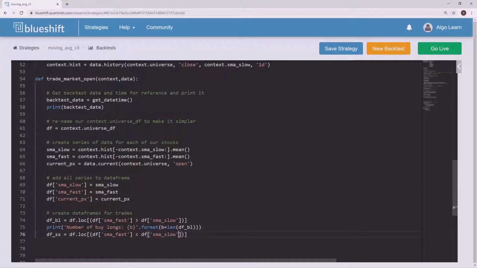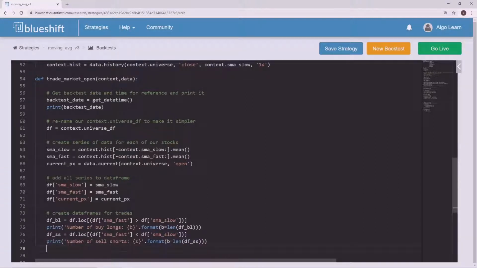That's where we're going to populate all of our sell shorts. Then we're going to print number of sell shorts, formatted, where B equals the length of our data frame underscore SS.